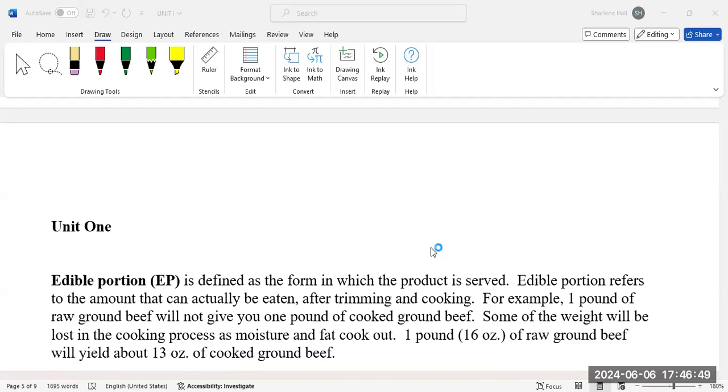So edible portion refers to the amount that can actually be eaten after trimming and cooking. For example, 1 pound of raw ground beef will not give you 1 pound of cooked ground beef.